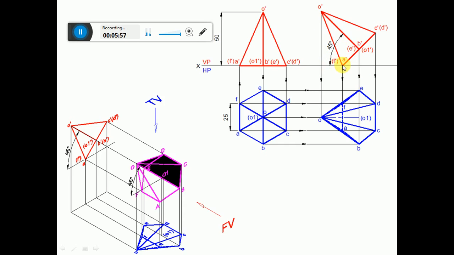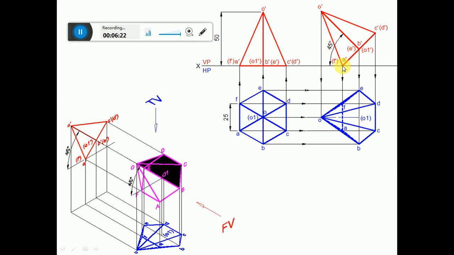So consider any point on the XY line and you mark that point as A dash, F dash. Then since both the edges are perpendicular to VP, either you can rest on A dash, F dash, or you can rest on C dash, D dash. If you rest on C dash, D dash, then you have to rotate clockwise. Since I am resting it on A dash, F dash, I have to rotate in anti-clockwise direction.